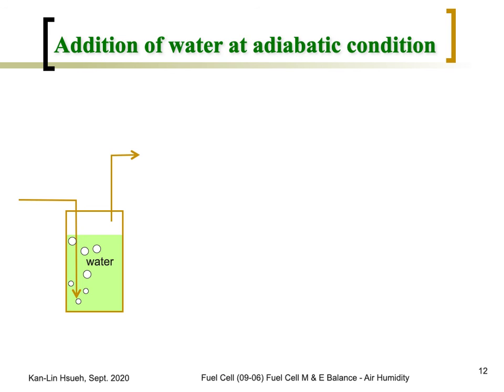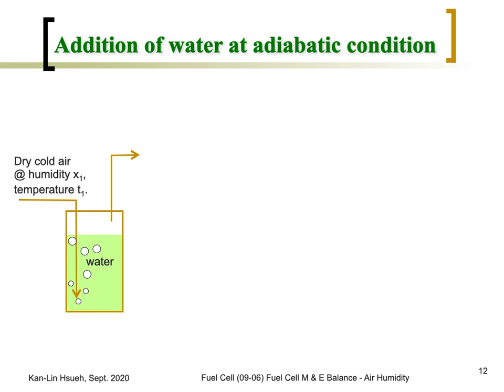And for the PEM fuel cell, you can see on the test station in the back there is usually a water tank on the hydrogen side and the air side. The dry and cold air will be bubbled through the water tank at a given temperature, maybe 60 or 80 degrees Celsius.